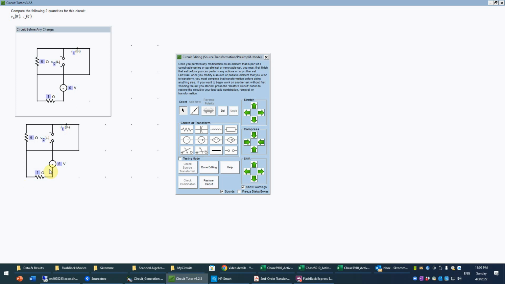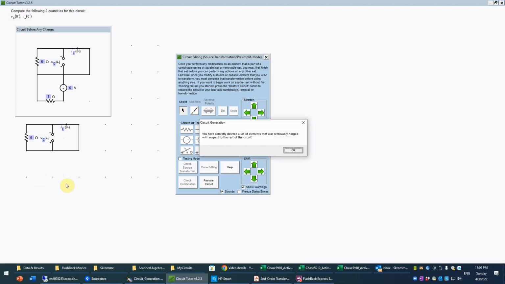It's the same as the two halves being connected by a single wire. In fact, we could redraw it that way, although I'm not going to, and the circuit editor won't really allow me to do that. But in any case, what that means is that these elements, since they have no bearing on their SOT variables, can simply be deleted. So I'm going to press the delete key here to get rid of that, and do the same thing with the 1 ohm. And it says I correctly deleted a set of elements that was removably hinged with respect to the rest of the circuit.